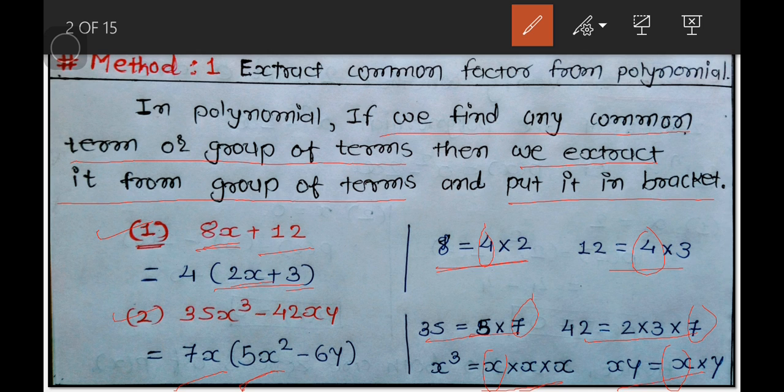Here the minus sign, then we put here the minus sign, and the remaining part from 42xy is 6y after extracting 7x. So here we extract 7x from the above polynomial, and then the remaining part is 5x square minus 6y.